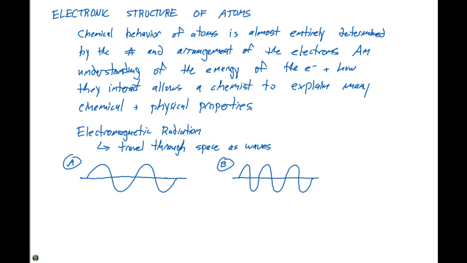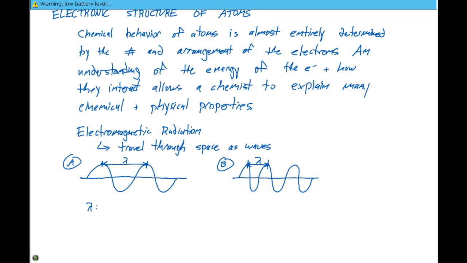One of them is the wavelength, which we can define as the distance between two peaks of the wave, or the same part of the wave. So here's the wavelength of A, and here is the wavelength for B.